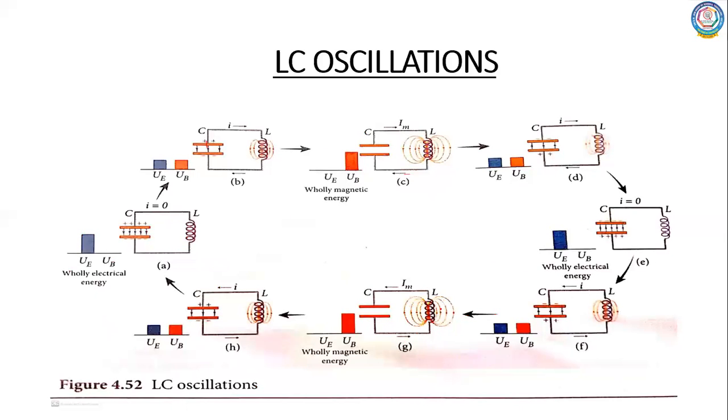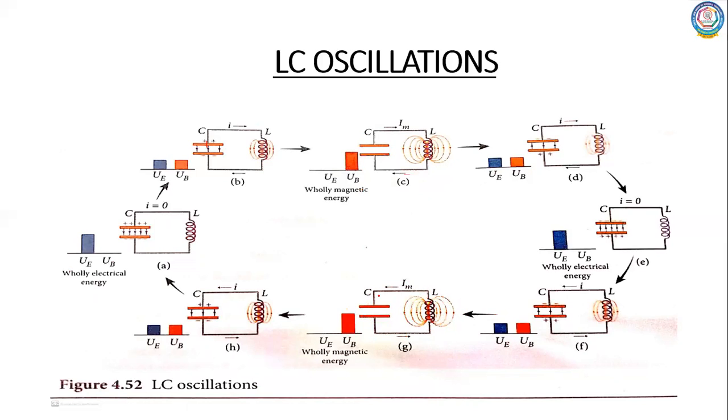Now here once again the process is the same repetition. The energy is maximum here in the inductor. You have maximum current flowing in the circuit, and the charges in the capacitor become completely exhausted, and the energy in the circuit is only due to the magnetic energy.